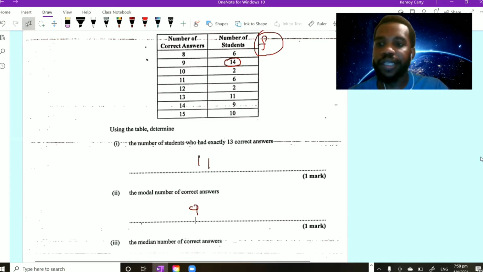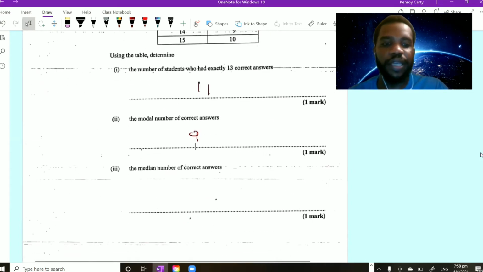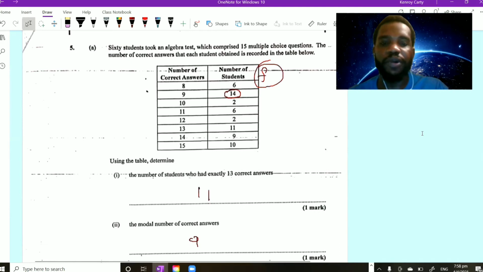All right, let's see what happens next. The next one is the median. Of course, the median is the middle value. Now, in a case like this, where we have ungrouped data, there's a little formula that we use to find the median value. The median is also called the second quartile, which we call Q2.